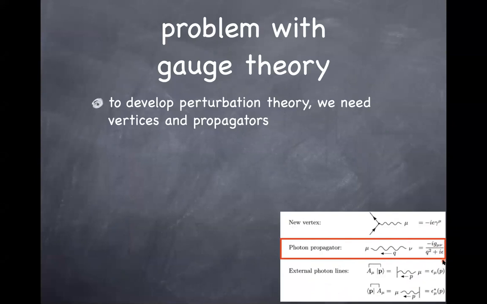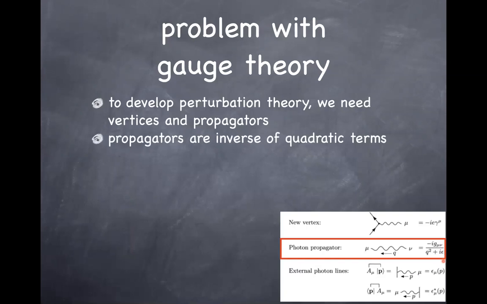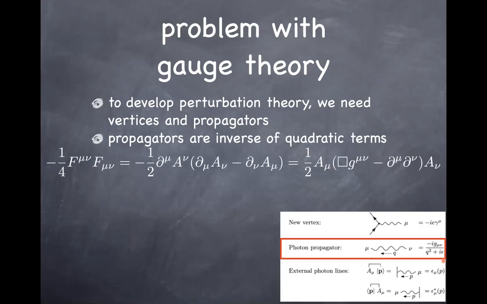Certainly, in order to develop perturbation theory, we need vertices and propagators. And the propagators, as we learn over time from the path integral formulation, are the inverse of the quadratic term in the Lagrangian when you perform a Gaussian integral. In the case of QED, the quadratic term for the photon field is just F mu nu squared.